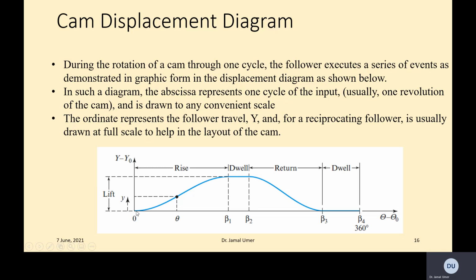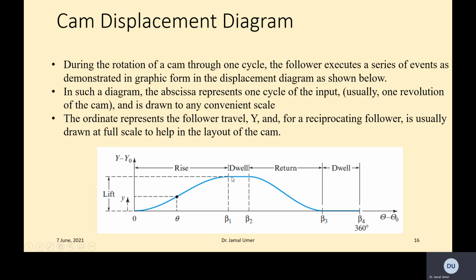So the cam profile was when you cover 360 degrees, then the displacement is plotted on the y-axis along the rotation of the cam in 360 degrees. And we defined the terms: rise, and dwell, where there is a maximum displacement but it's not moving.